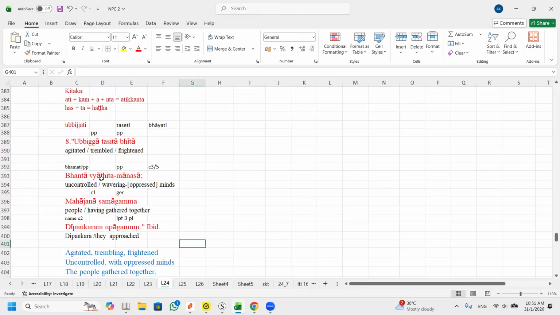So in this case, all this is a PPP. Now we found the subject already, right? Okay, now we found the subject. Maha Jana. Can you see this plural? That is the reason why all this PPP has a long A, because it's GCN. Now with a GCN, the PPP here and the noun must agree.